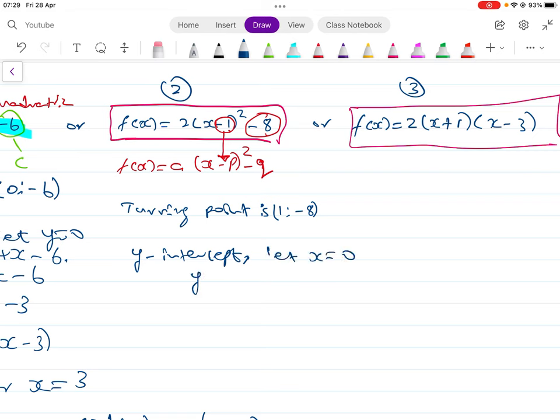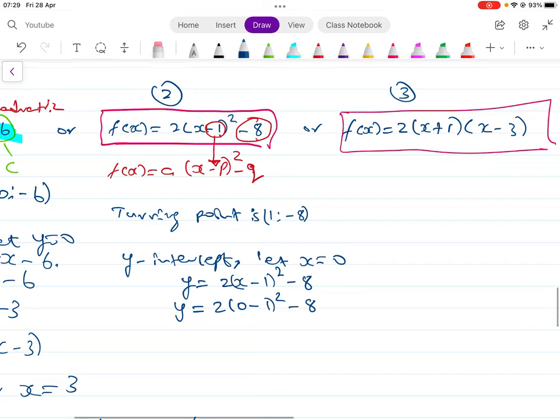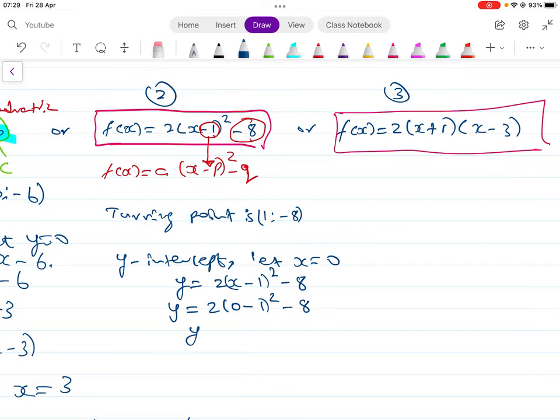That means y equals 2 into (x minus 1) all squared minus 8. You just substitute x by 0 there, (0 minus 1) all squared minus 8, and then put everything on the calculator without wasting your time. So the value is going to be -6. Therefore the y-intercept is 0 and -6, as you can see.